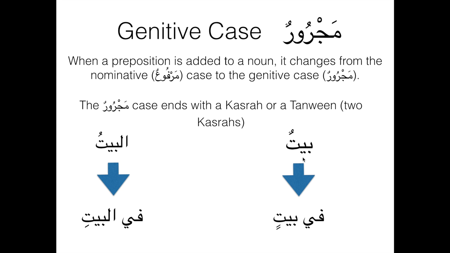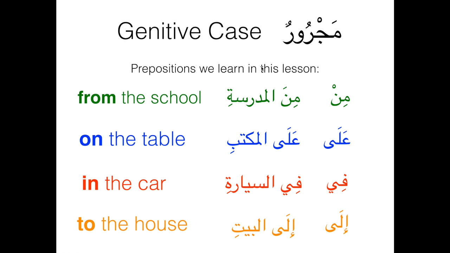So we have fi baytin, in a house, fil bayti, in the house. There are different prepositions. Today we'll learn 4 of them: min, ala, fi, ila. Anytime you have any of these prepositions in front of a noun, the noun will change from the marfu' case to the majrur case.